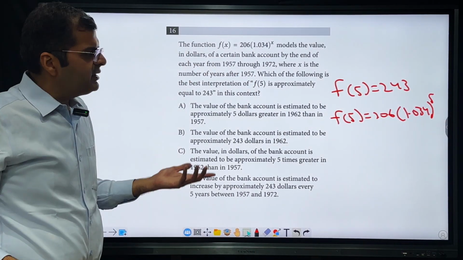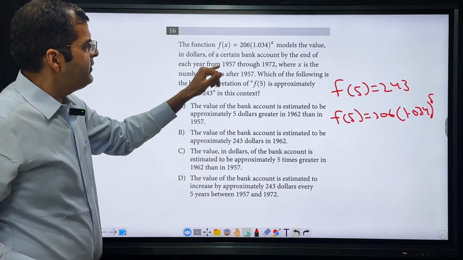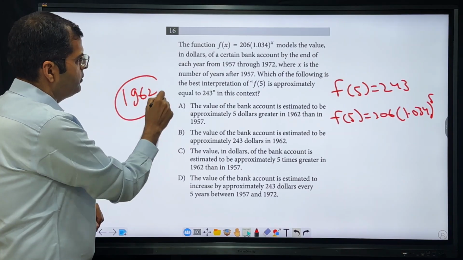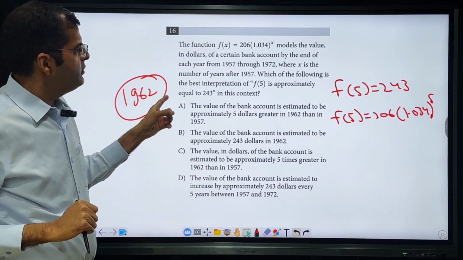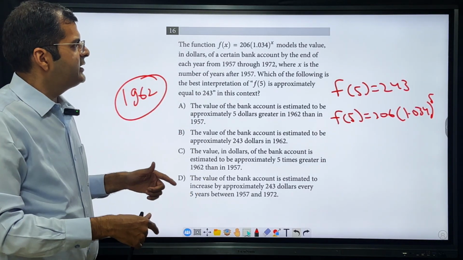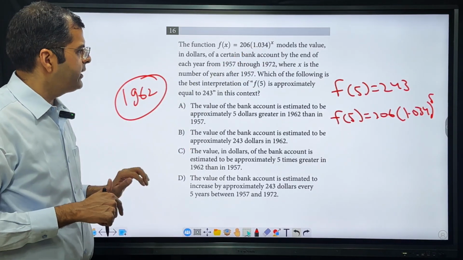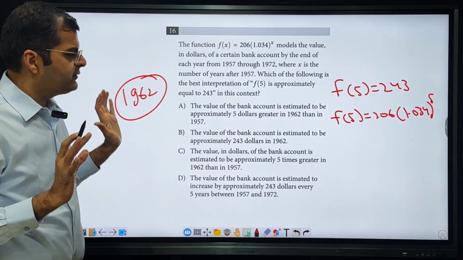So basically what this says is that after 5 years, at the end of 5 years from 1957, which is 1962, the value in the bank account should be 243, because every year it is getting compounded by the factor 1.034. So by the end of 1962, the value should be 243. That is the understanding.